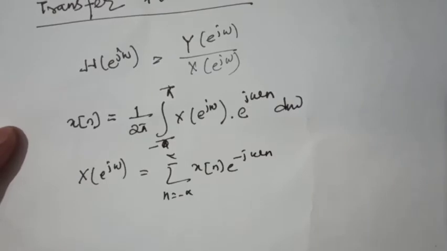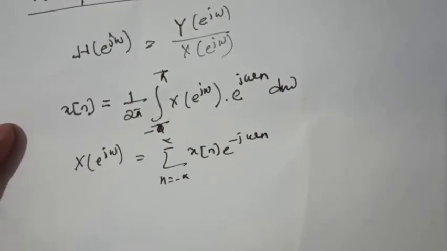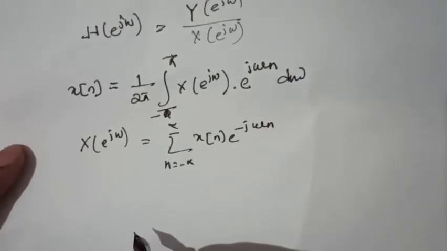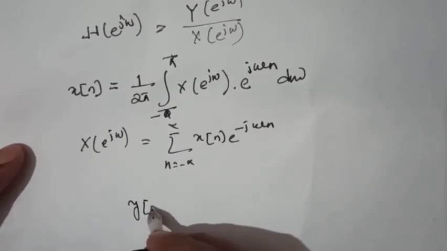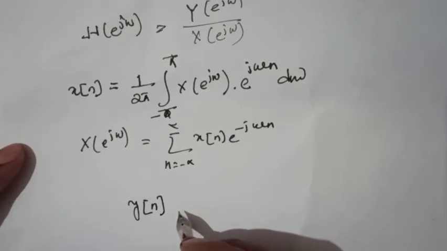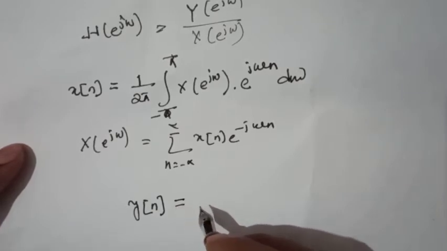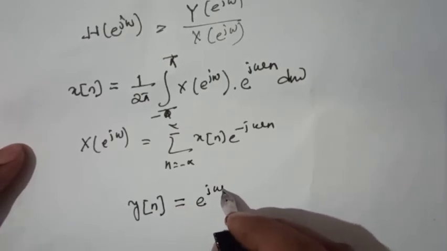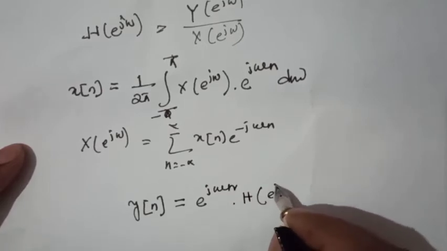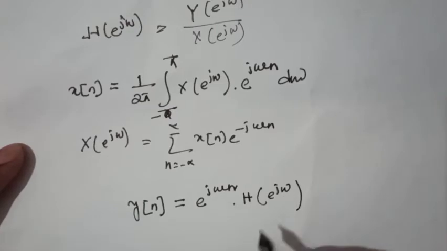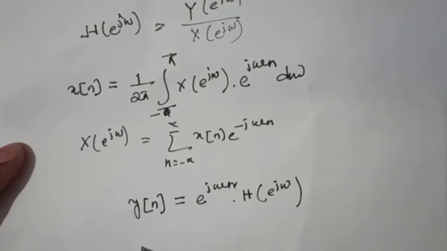Now, already we have derived that for any discrete LTI system, for the input x of n equal to e to the power j omega n, we obtain the output y of n as h of e to the power j omega times e to the power j omega n.